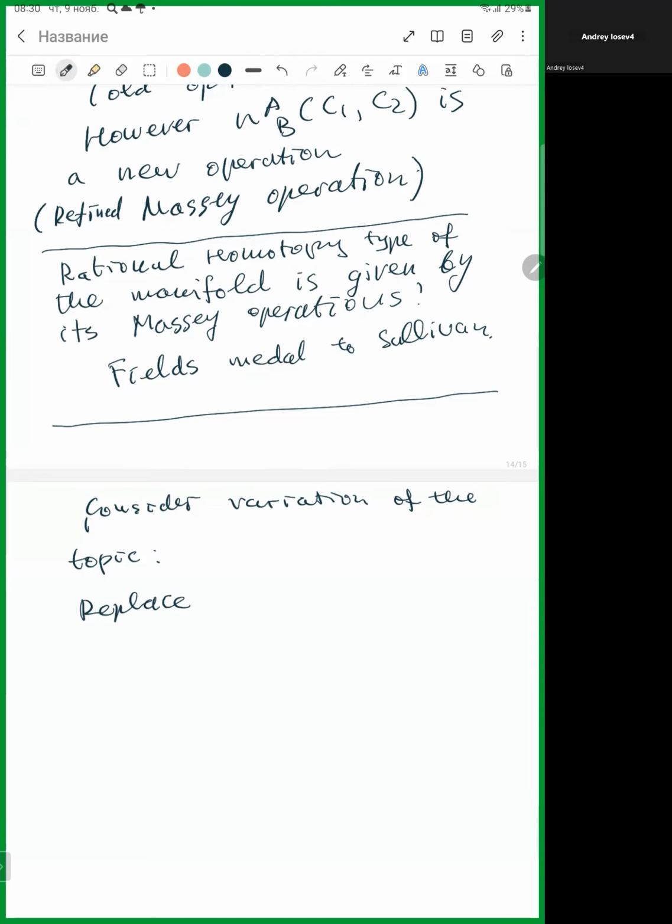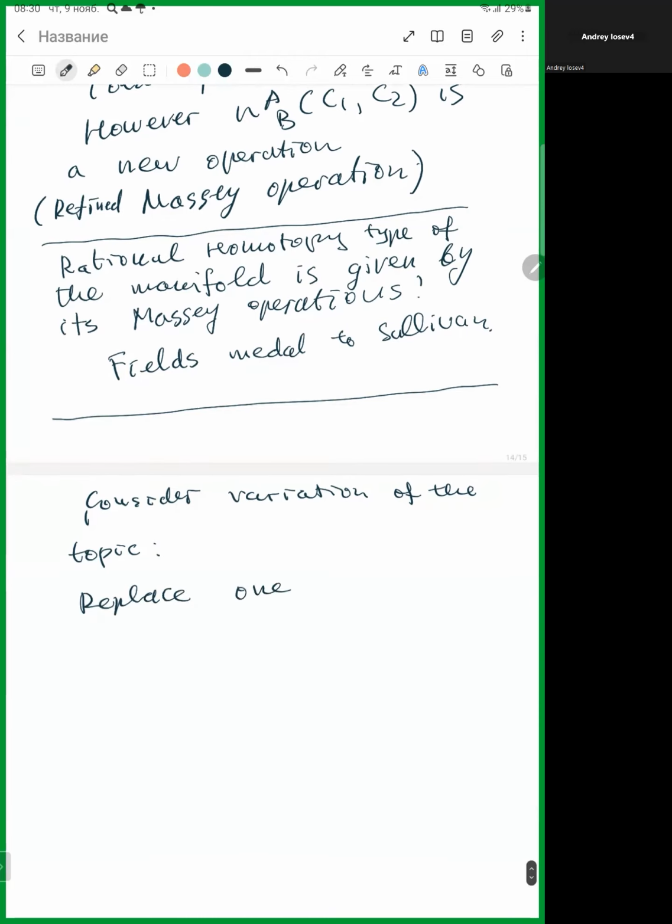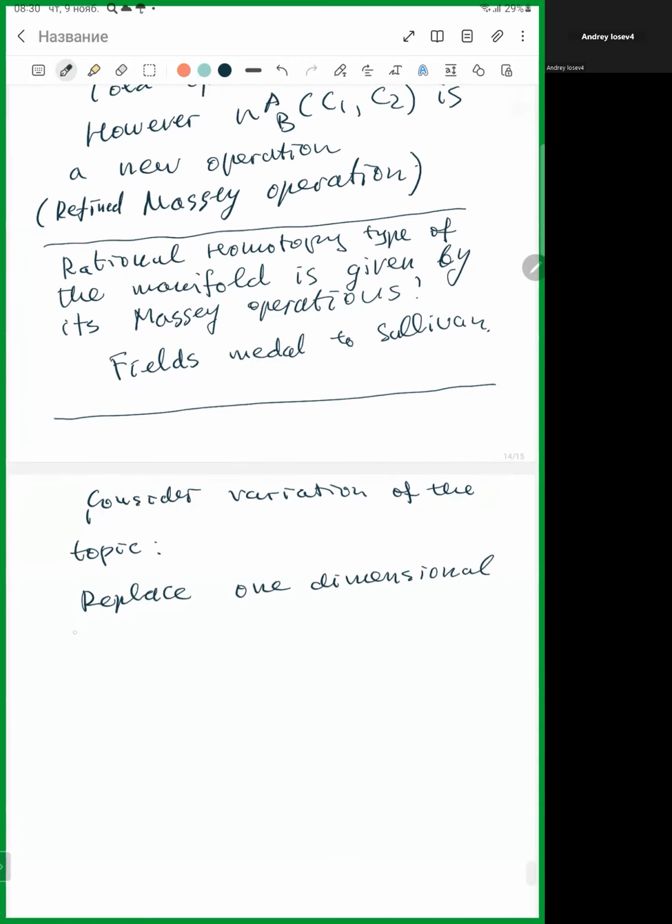Replace one dimension quantum field theory by two dimensions.